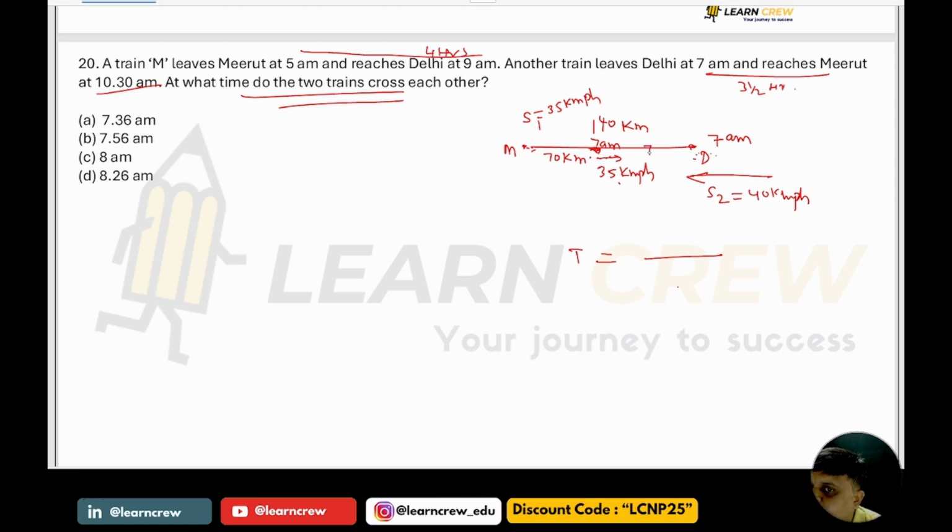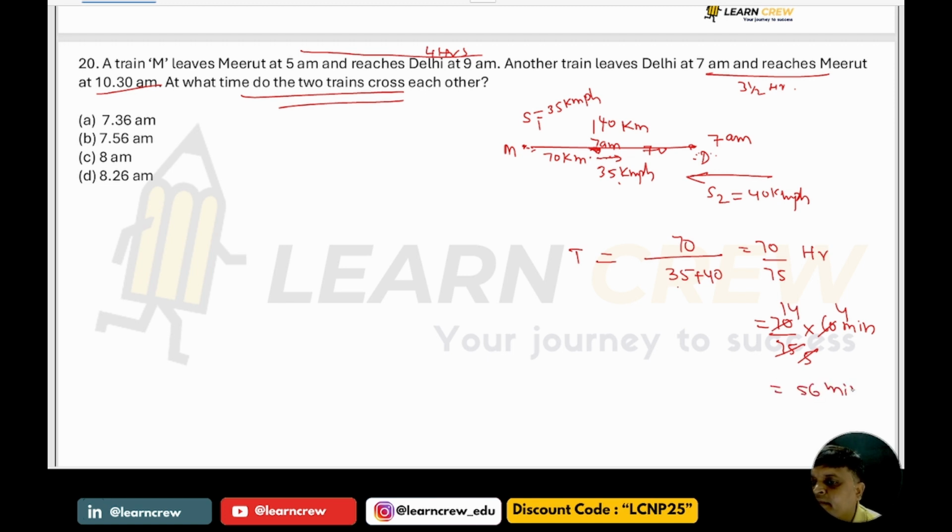So 70 by relative speed, 35 plus 40, which is 70 by 75 hour. Converting to minutes, how much time will it take? It will take 56 minutes.